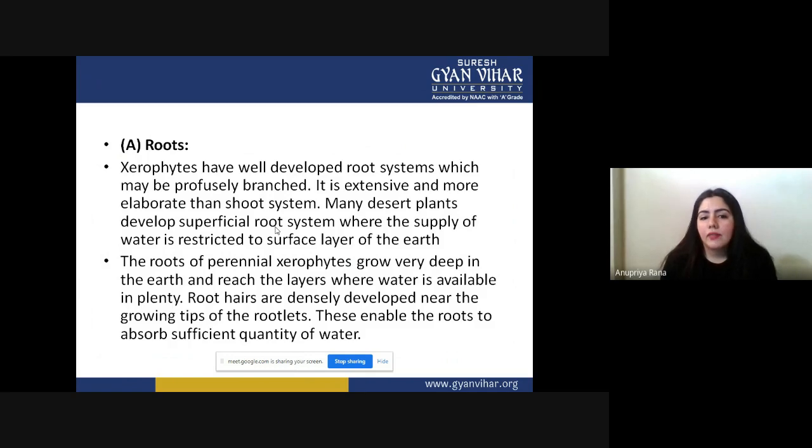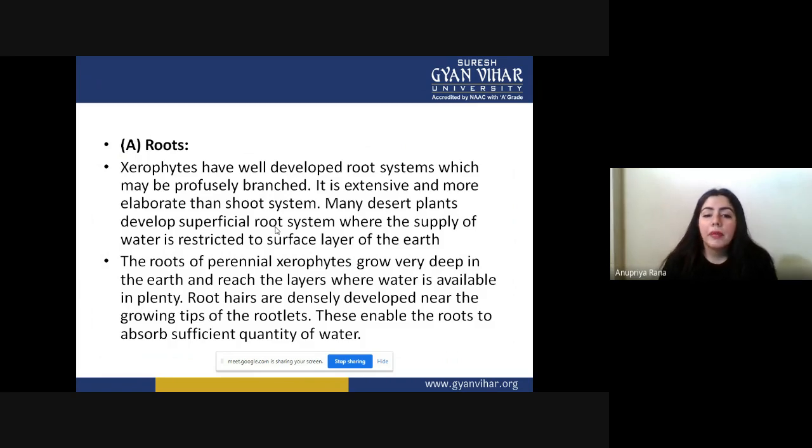When this kind of development takes place, this is called the superficial root system. Why do they do this? Because the plant needs water to grow and that water is present only on the surface area, not deep inside the soil. So they do not need to go deeper, they just have to be present on the surface of the earth.